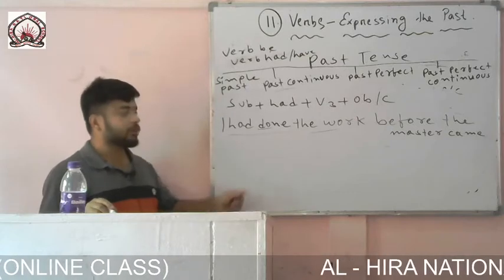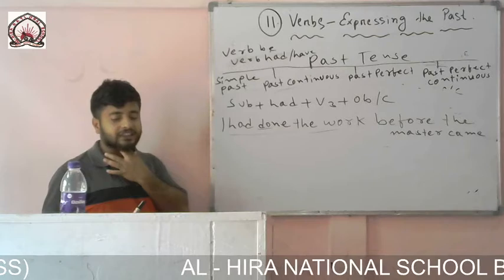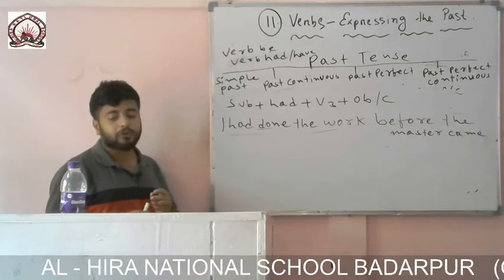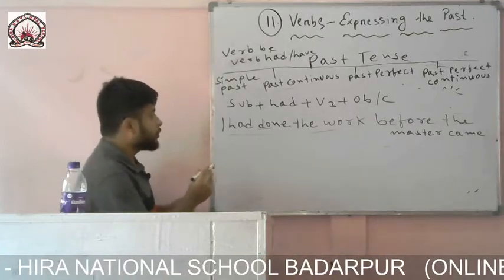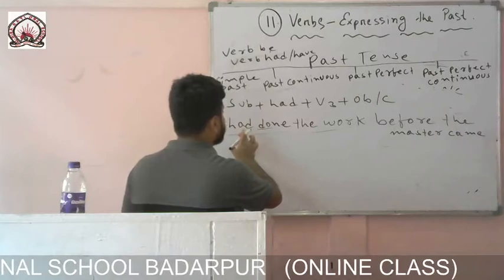Now if I want to change this sentence into negative, then what do I have to do? I have to add not after the auxiliary verb had.